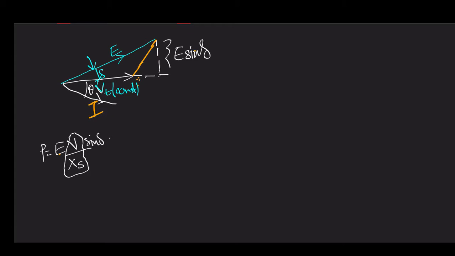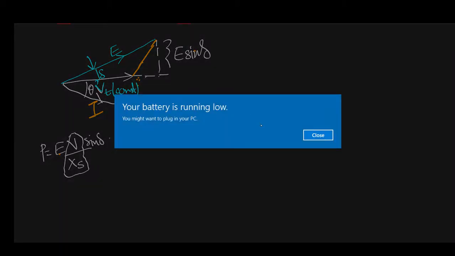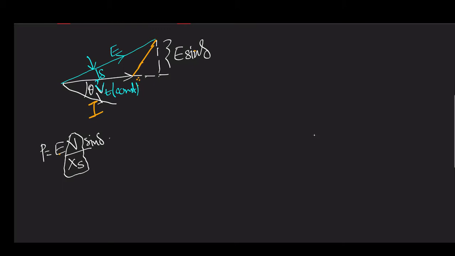Now this gives us the power. So we can draw two lines. One is keeping E constant, and if we keep on increasing our input, the prime mover input, then what would happen?